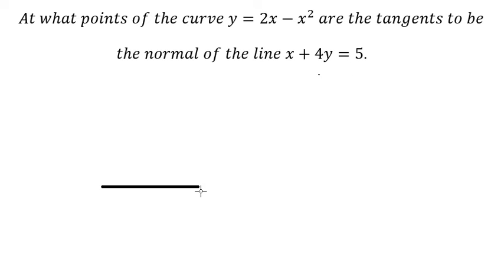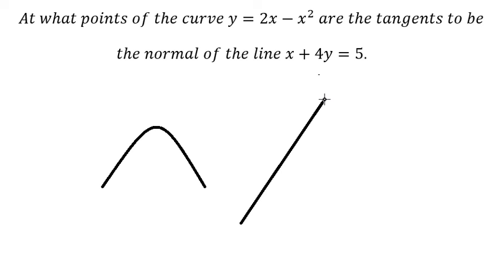Here is about the curve in here. Here is about the line. The tangent of this one, that's about the normal line of the line in here. So we need to find the tangent in here.